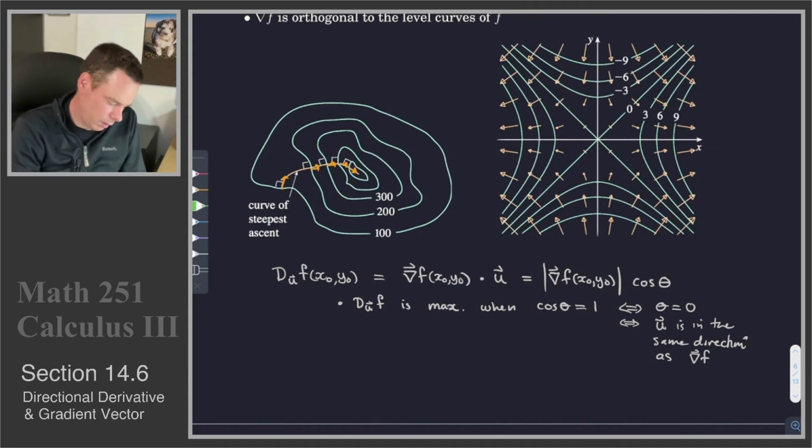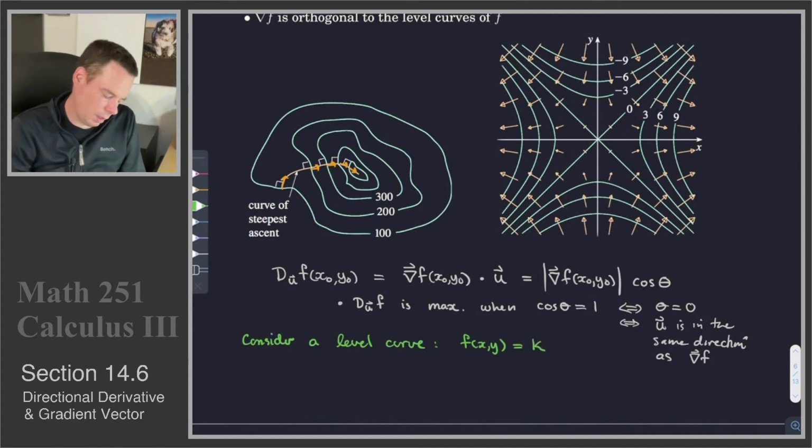So what do we do there? So let's consider a level curve. So what would that be? A level curve would be something of the form f of xy is equal to some constant k. So that would give us one of these curves in the diagram, let's say on the right, where the k values are indicated.